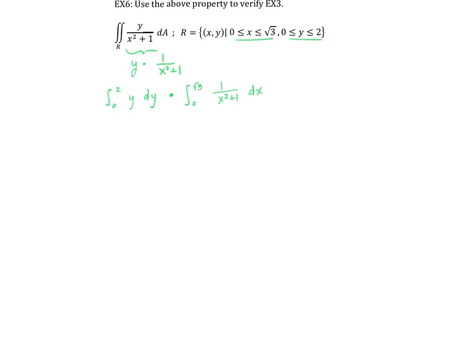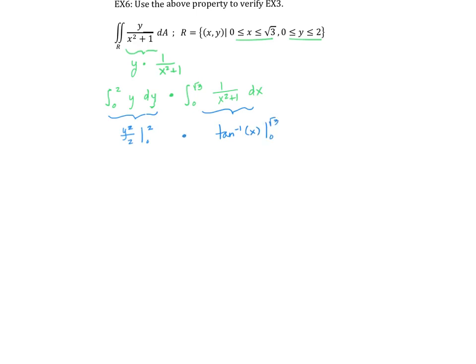If we look at this first integral, with y, that's just y squared over 2 evaluated from 0 to 2. And then the second integral, this is tangent inverse of x. We're evaluating this from 0 to square root of 3.